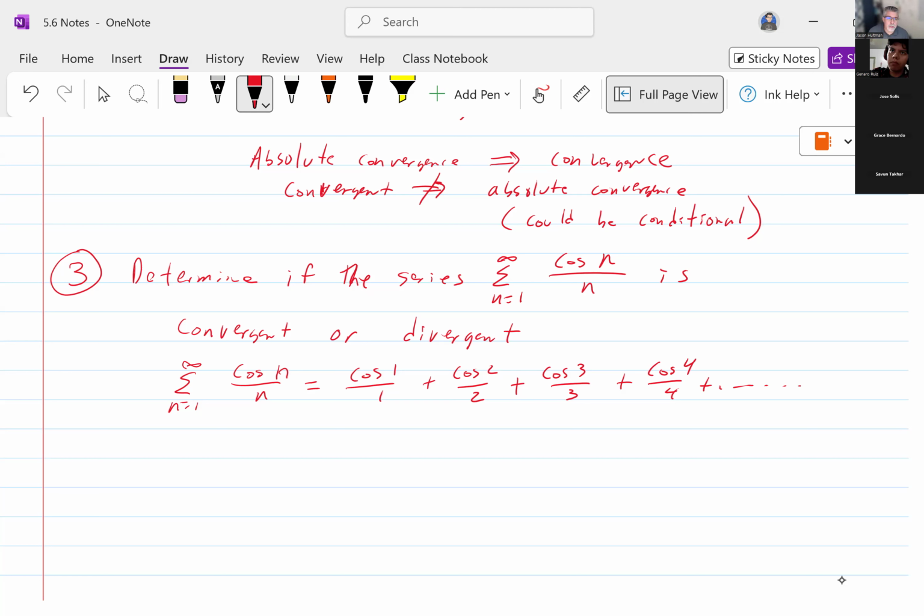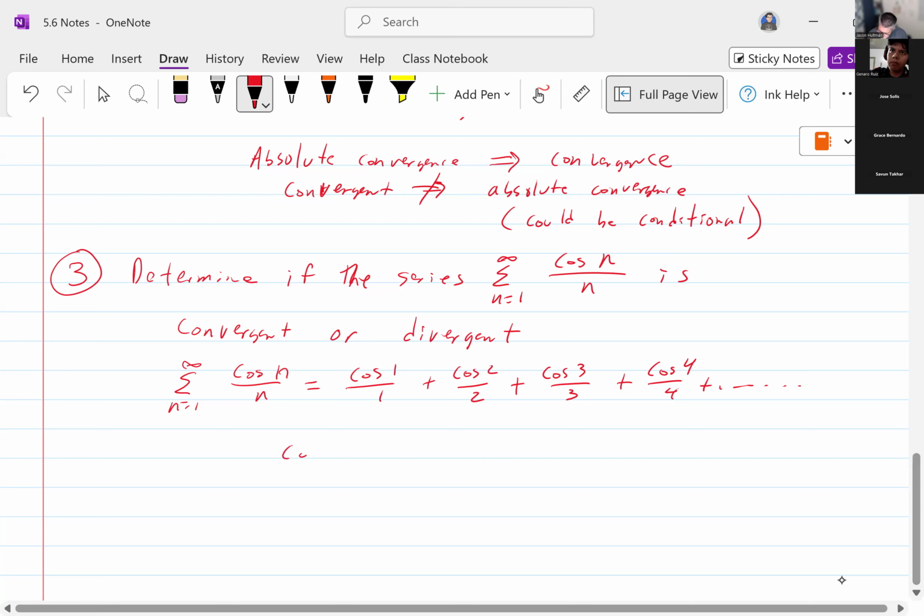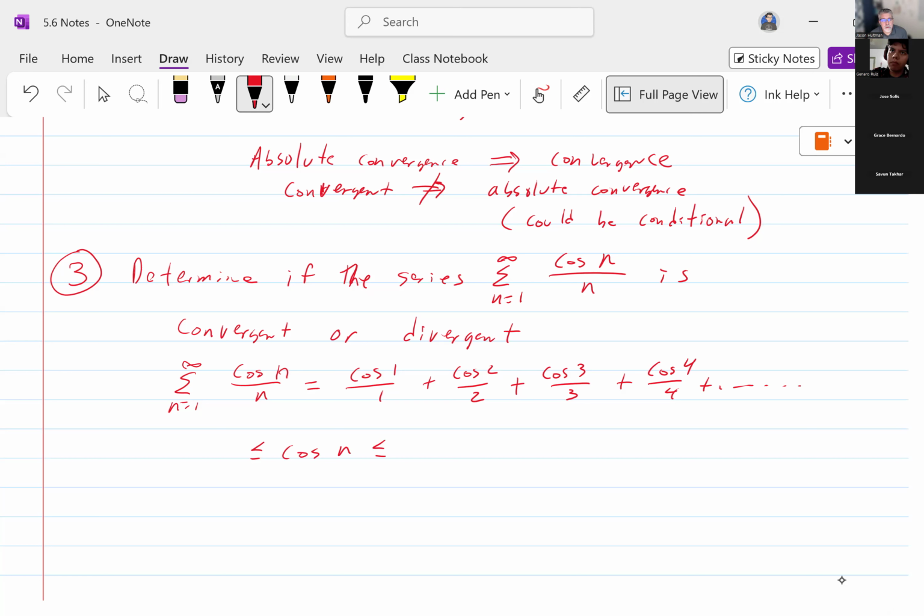What do we know about the range of cosine? If I were to look at the cosine of n's, what value is it bounded between? Negative 1 and 1. Thank you, Daniel.